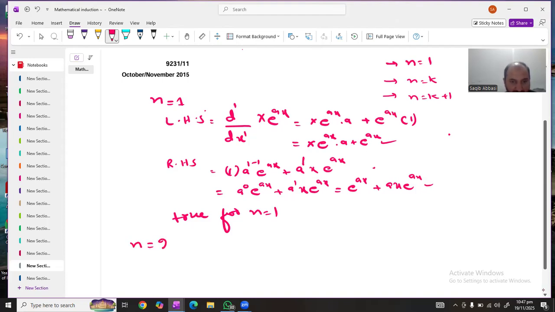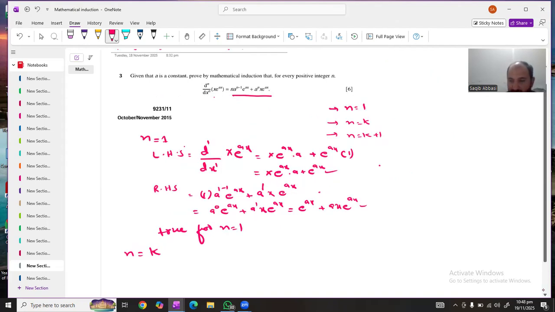Second condition we say is n equal to k. Now in the above question, these are our above conditions.